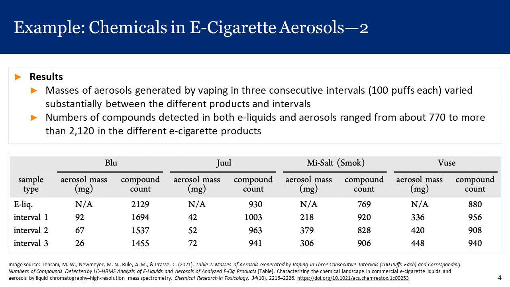And you can also see that for some, such as this product Blue, which is the first one on the left side here, we have the highest number actually in the e-liquid, whereas we have slightly smaller numbers in the aerosols, whereas for some of the other products, we see actually higher compound numbers in the aerosols compared to the e-liquids, which indicates that there are some compounds that might be degraded, or in other cases, some compounds that are actually being formed.